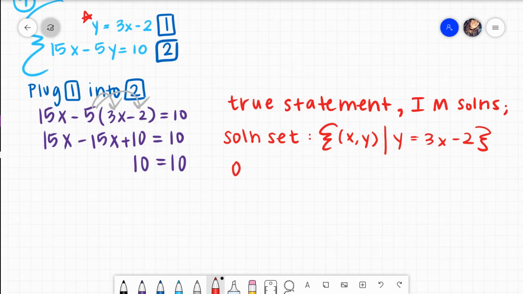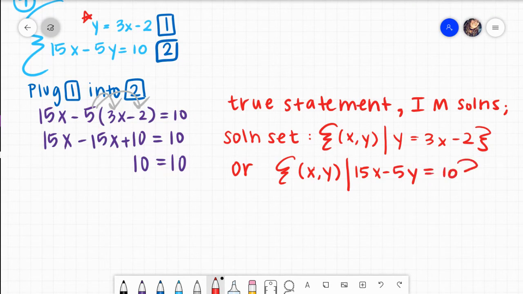Or what we could say is for all x and y such that, let's go ahead and write our second equation, which is 15x minus 5y equals 10.